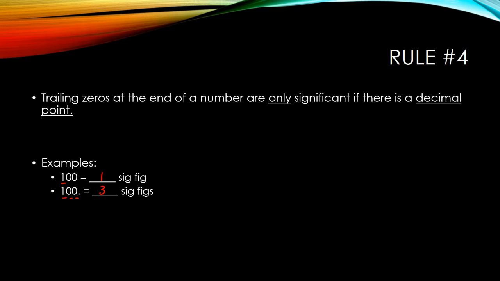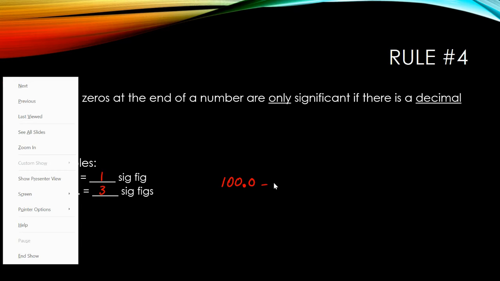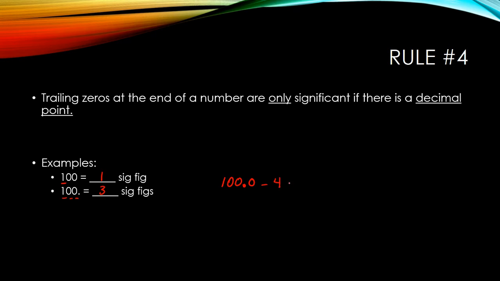Now, I know we only have 2 examples here, but let's talk about a couple other examples, as we're looking at it. So we'll stick with the 100 theme. Let's say it was 100.0. Even after the decimal point, that decimal point does mean that this 0 is significant. And so that would mean that this number has 4 significant figures.